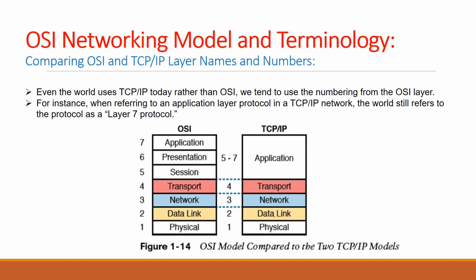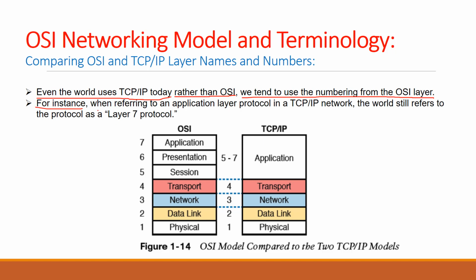Here in this slide, we are going to discuss the differences, or more details, between the OSI networking model and TCP/IP, with some comparison in the names. Actually, the world uses TCP/IP today rather than OSI. We tend to use the numbering from the OSI layers because the OSI model has more layer numbers and more details than TCP/IP.